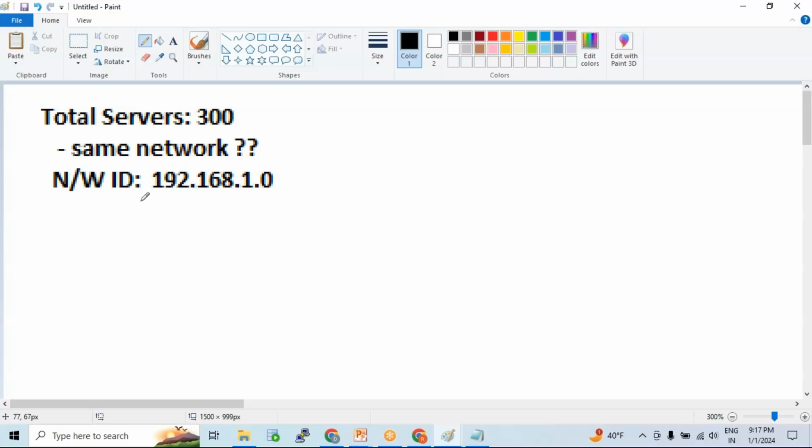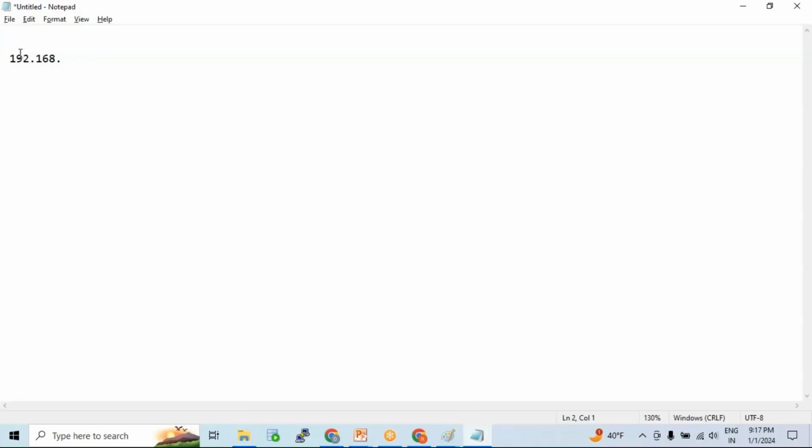So yeah, whenever the network ID is defined like this, it usually gets divided into 2 parts. Yeah, that is what it is. It is a little shaded, that's the reason. Let me go with the pen.